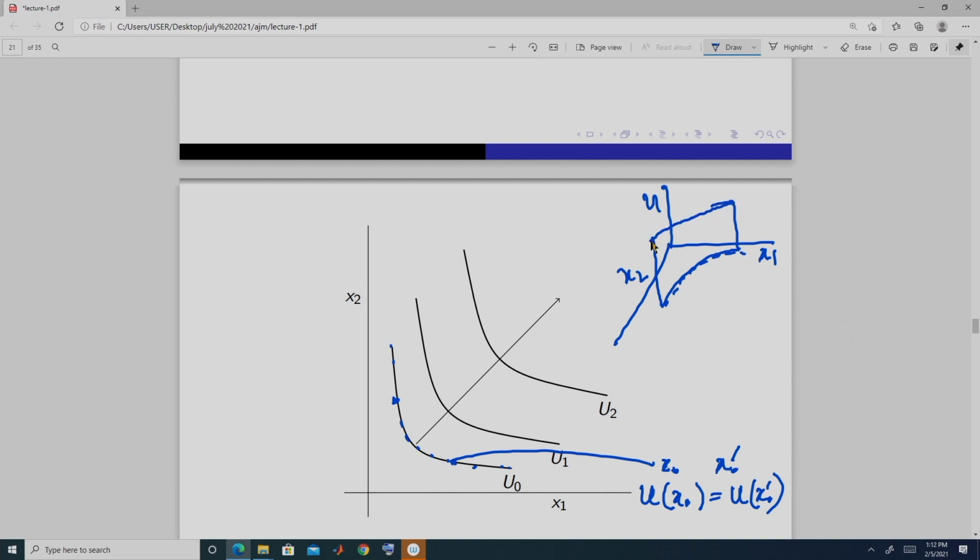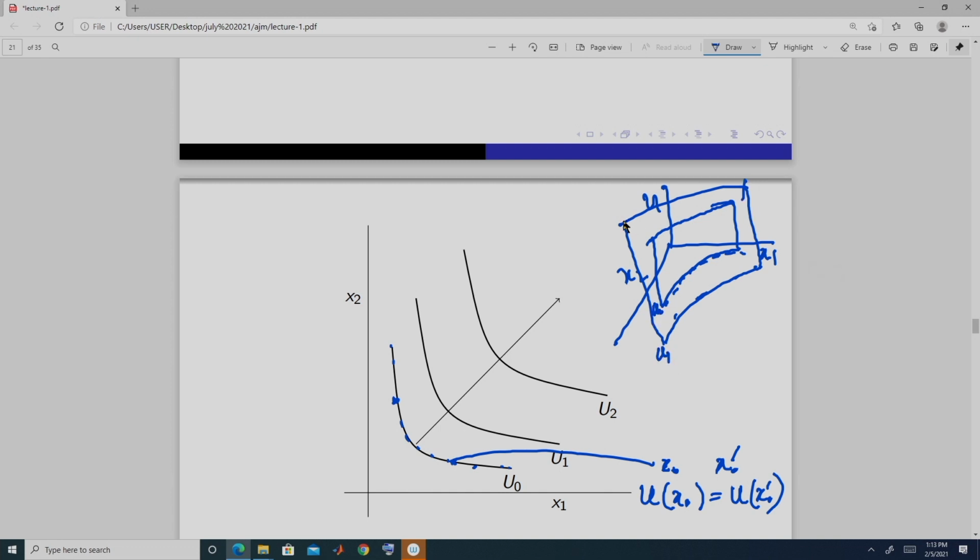So this height is at the same height. You will get the same height for each, if all of these are at the same level. Suppose this is u1 and this is u0.